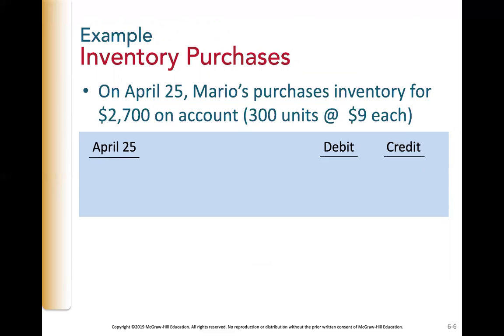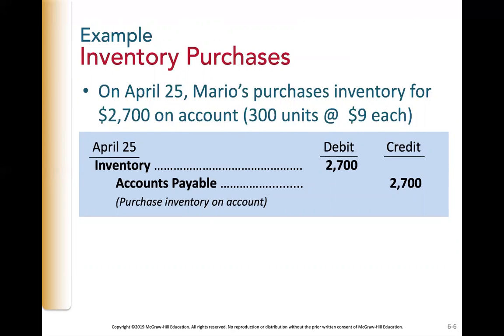So on account is going to be an account payable. Do we debit or credit the account payable? Well, it's increasing, and we know that account payable is a liability. Therefore, we will credit it. In addition, inventory is a current asset and it's increasing, so we will debit inventory.